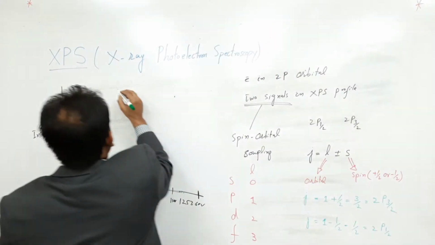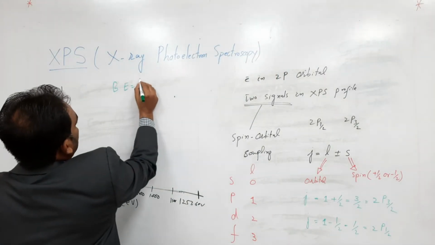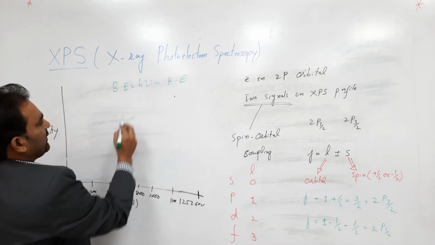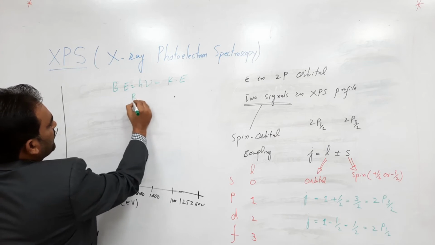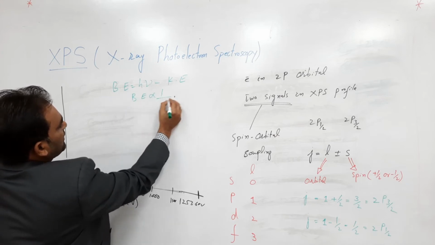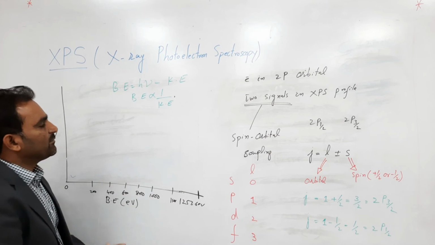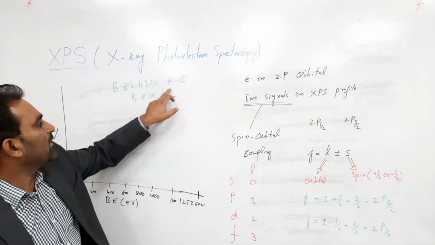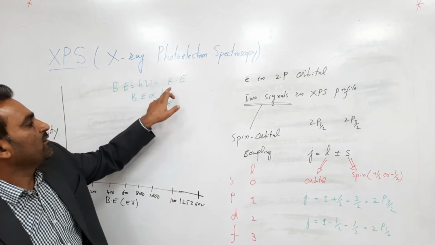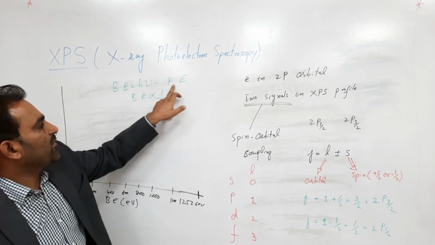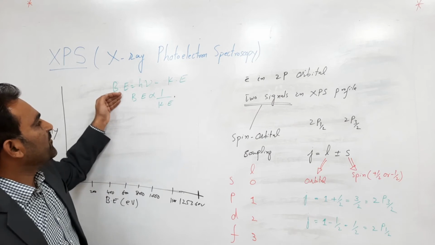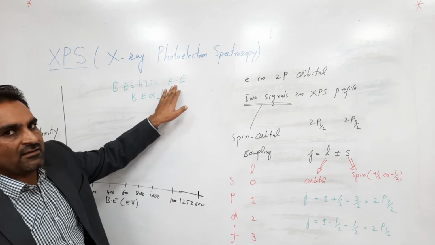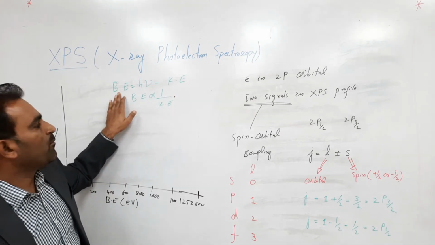We know this relation, binding energy is equal to h nu minus kinetic energy. In this case, binding energy has an inverse relation with kinetic energy. It means if you have greater kinetic energy, then you subtract that value from this particular value and you will come up with a lower binding energy. With the increase in kinetic energy, there will be a decrease in binding energy.